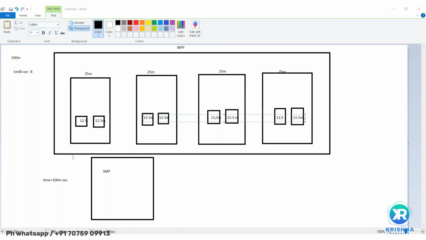Forget about hours. Tell me in milliseconds. You see, one record will take 1 millisecond, right? So 100 million will take how many milliseconds to distribute?